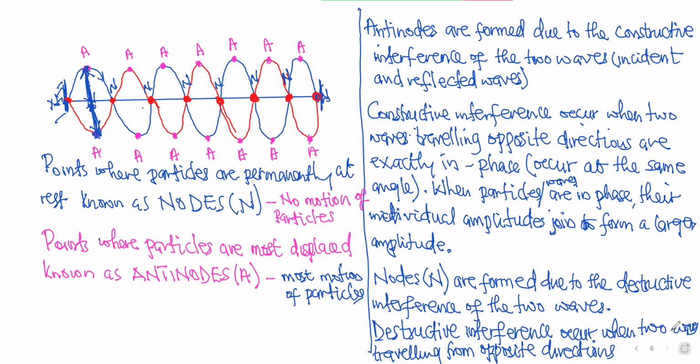So, destructive interference occurs when two waves traveling from opposite directions are out of phase with each other. And when waves are out of phase, they occur at different angles.